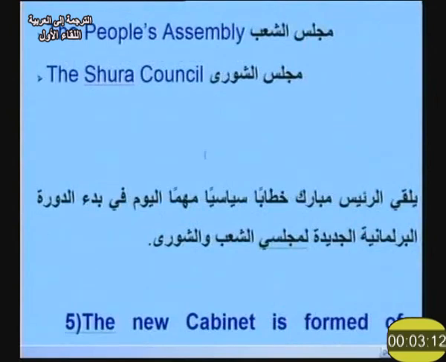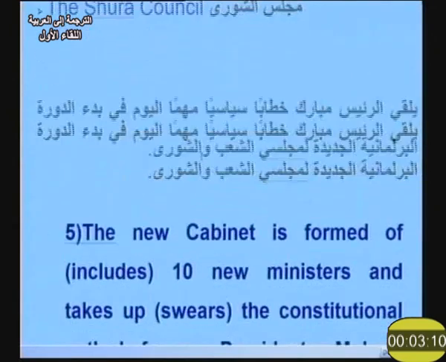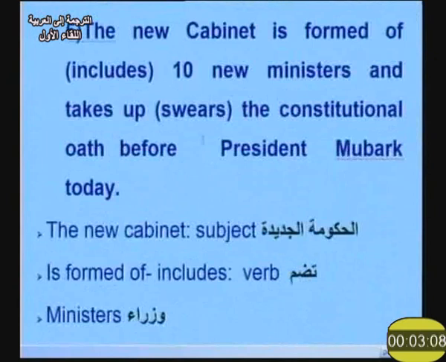Another example: the new cabinet is formed of or includes 10 new ministers and takes up the constitutional oath before President Mubarak today. The new cabinet: دايما نبقى مدركين مكونات الجملة عشان نقدر نترجمها.